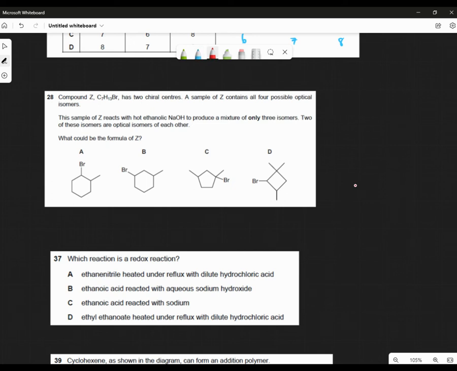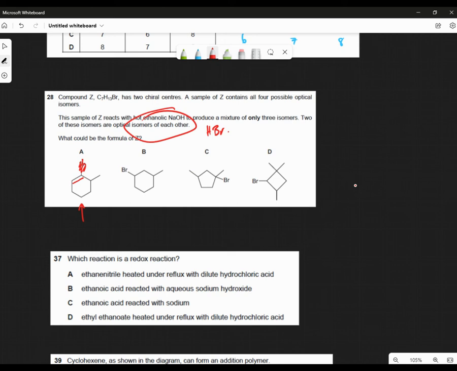Right, now, if you react it with ethanolic sodium hydroxide, the HBr is eliminated, isn't it? So we're going to get rid of the Br, so that goes. And the hydrogen next to it, so you're going to get that. Okay, now, if this is the answer, you get this. Okay, there's 1 isomer there.